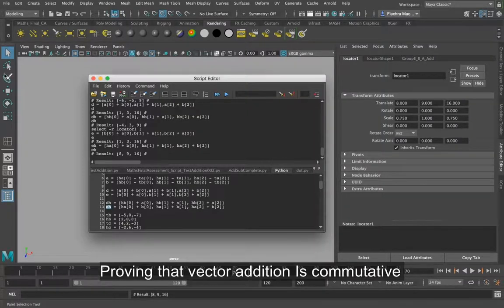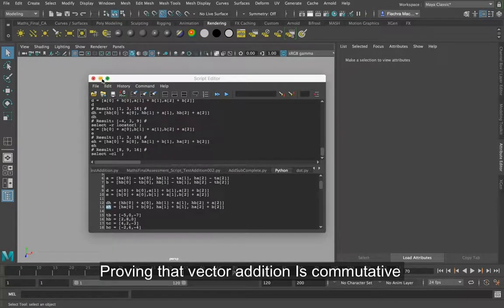What we can see from that is that if we take the result of both of these, they're identical. So their magnitude and direction are identical.